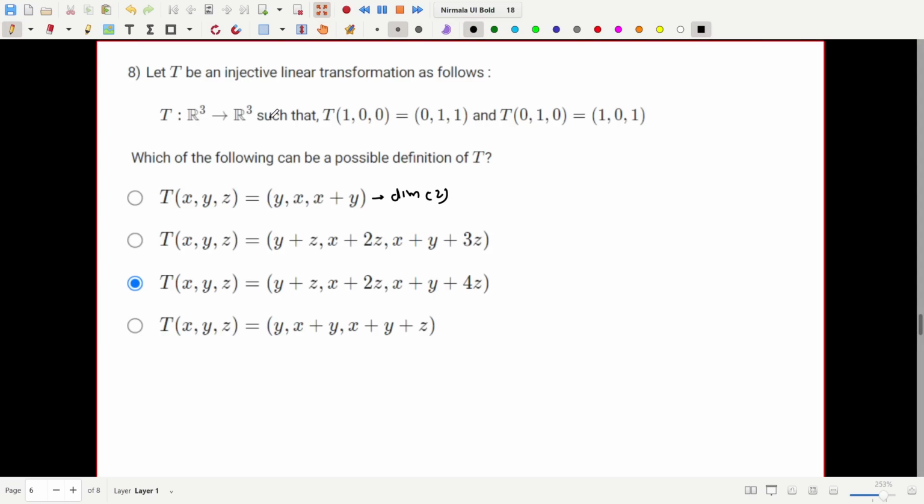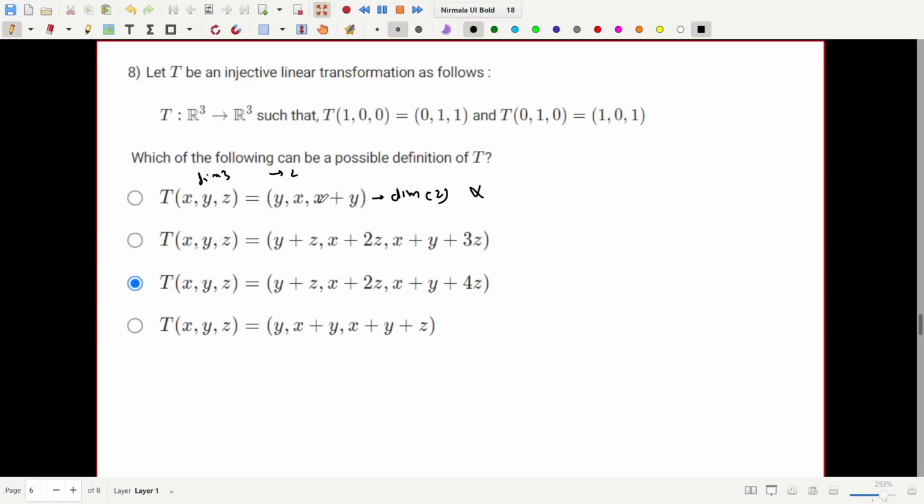Here is (x, y, z), three variables, dimension 3, and here is (y, x, x plus y), whose dimension is 2. So from dimension 3 to dimension 2, an injective linear transformation cannot be possible. So the first option is wrong.